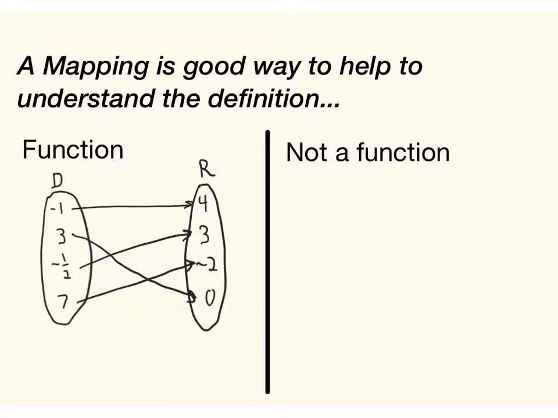Now, if you go back to the definition of a function, no value in the domain is paired with two different output values. So if we look at this mapping, we see that -1 has a single arrow coming from it, connecting it to 4. 3 has a single arrow connecting it to 0, and likewise for -1/2 and 7.